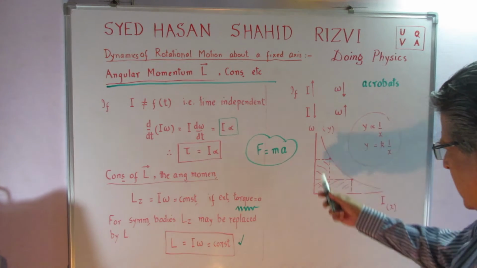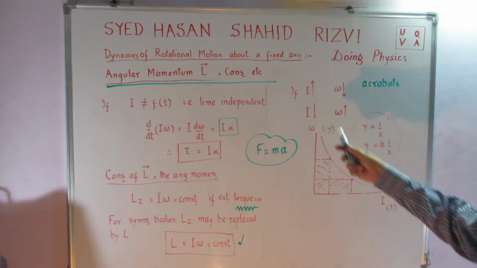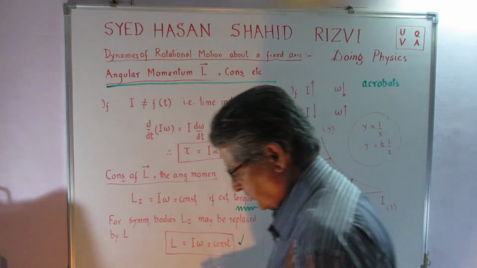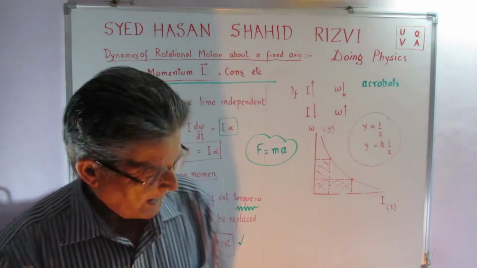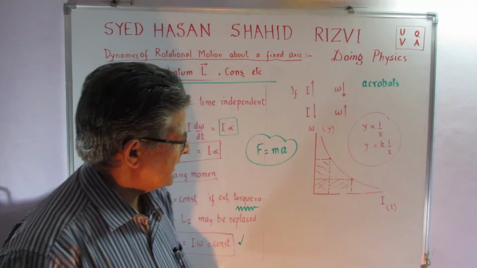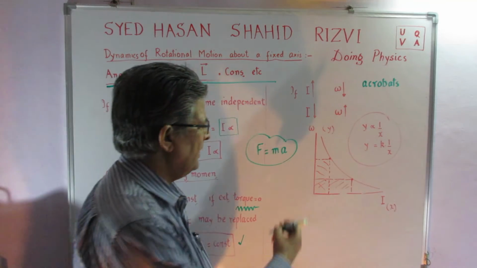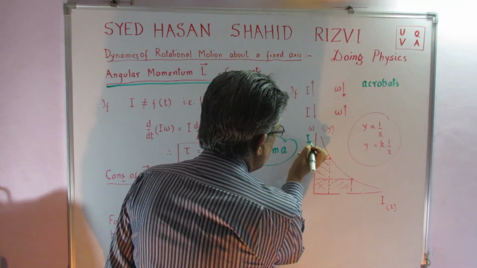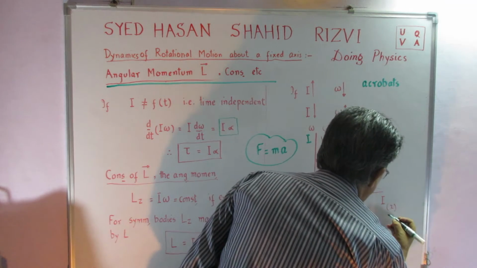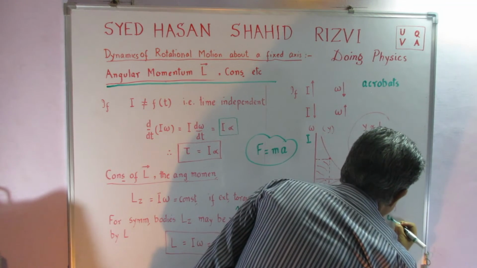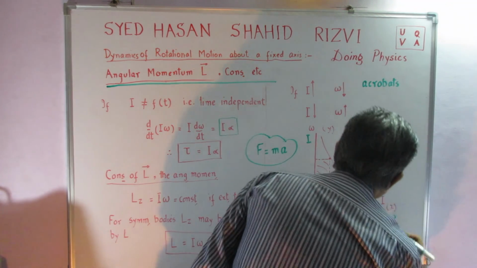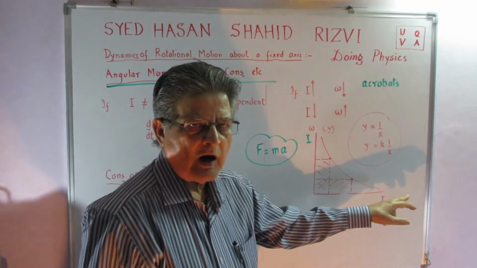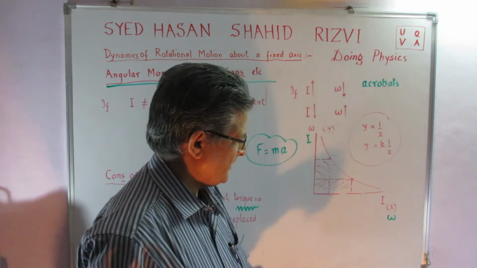Now I am just going to tell you that the relation between I and omega, which is given here, can be described with the help of an xy curve. I can take omega over here, or alternately I can take I on the y-axis and omega on the x-axis. In both cases, I get a curve of inverse proportionality.